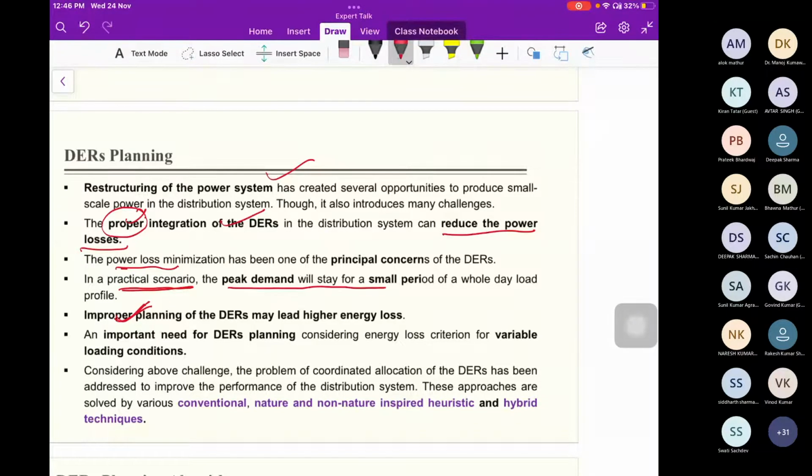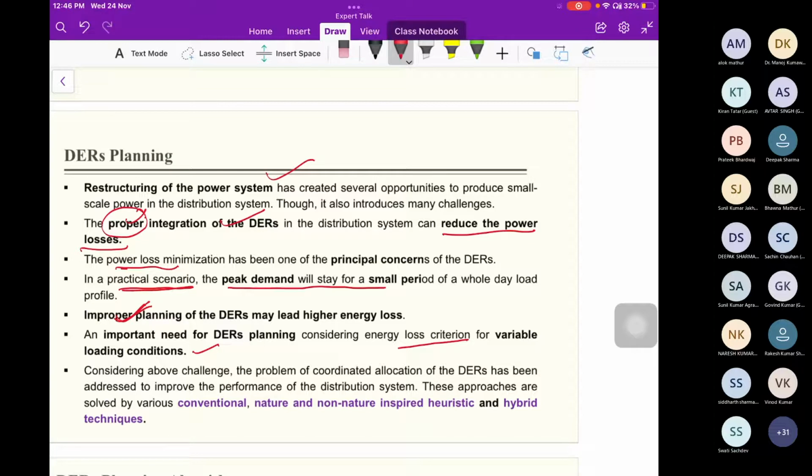So the important need for DER planning is to consider the energy loss criteria for variable load conditions. And from the planning point of view, we require a control strategy and control algorithm.